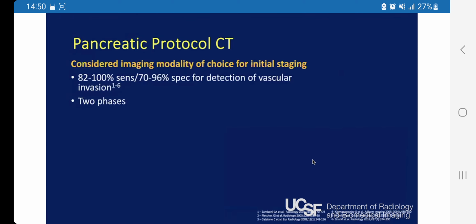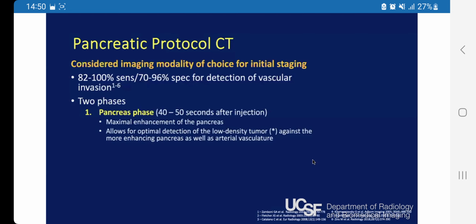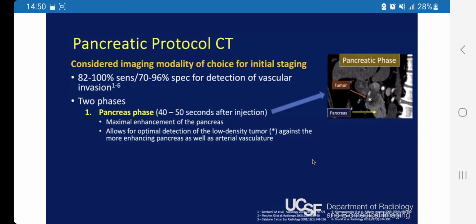So CT is the modality of choice for staging of PDAC, pancreatic ductal adenocarcinoma, very highly sensitive and specific. It has two phases. Pancreatic phase is a little bit earlier, about 40 to 50 seconds. At this time, the pancreatic parenchyma is enhanced maximally, and this helps us delineate the hypoattenuating pancreatic tumor against the parenchyma.